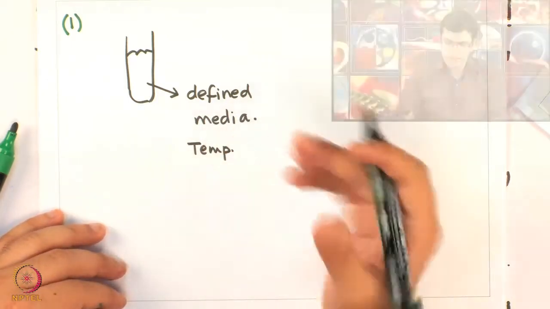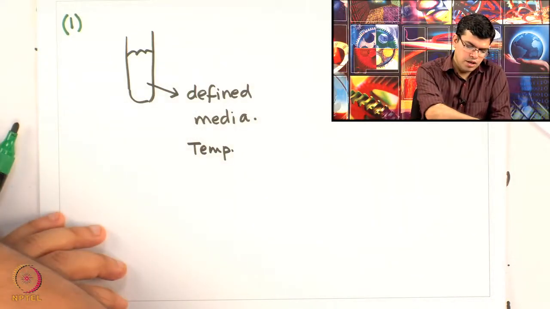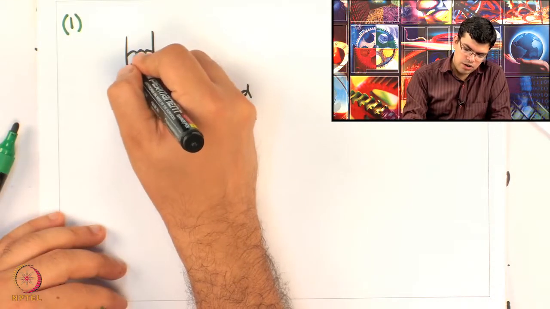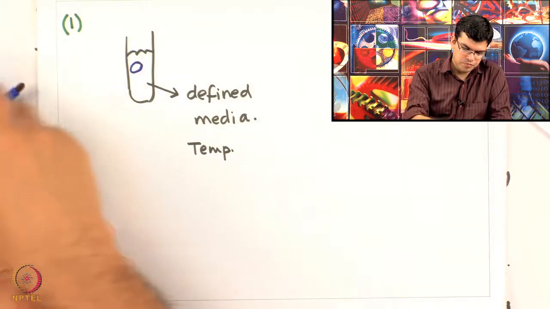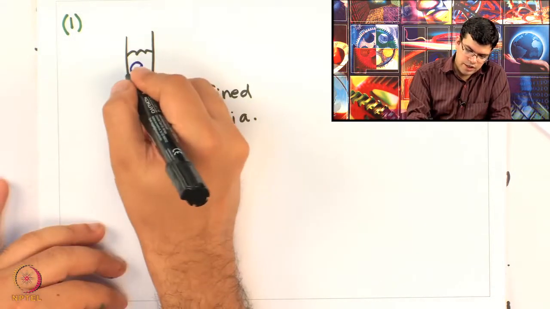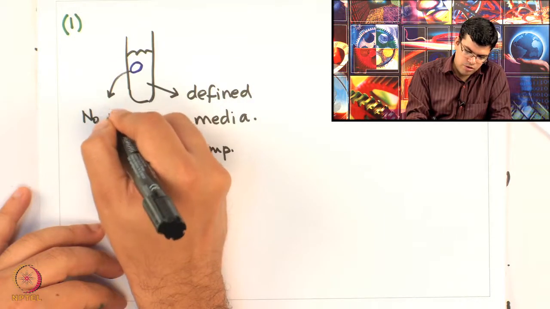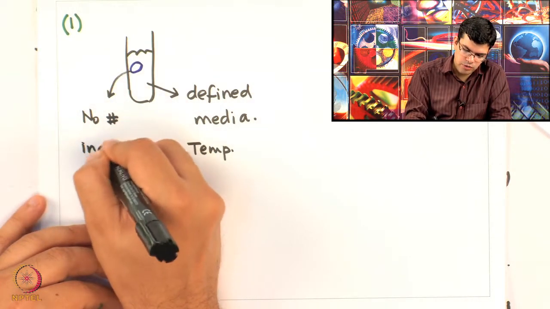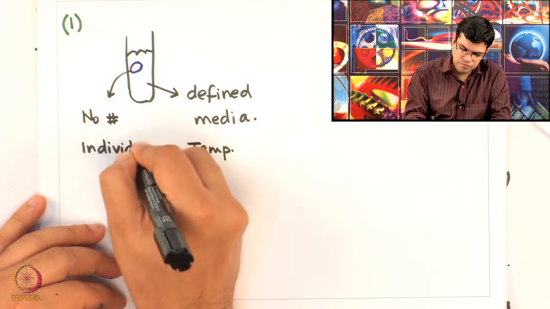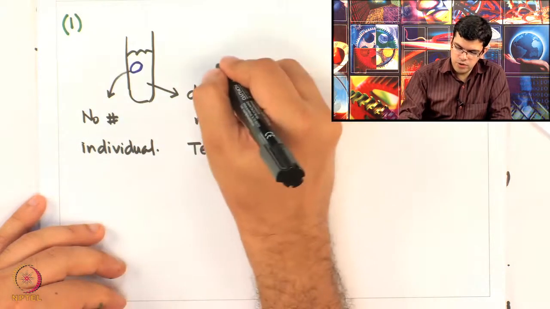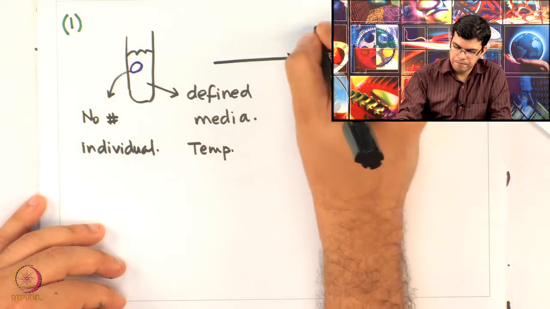So, you define every aspect associated with growth. Then you add n0 number of individuals. So, at t equal to 0, you add n0 number of individuals to this environment and you let this media grow.